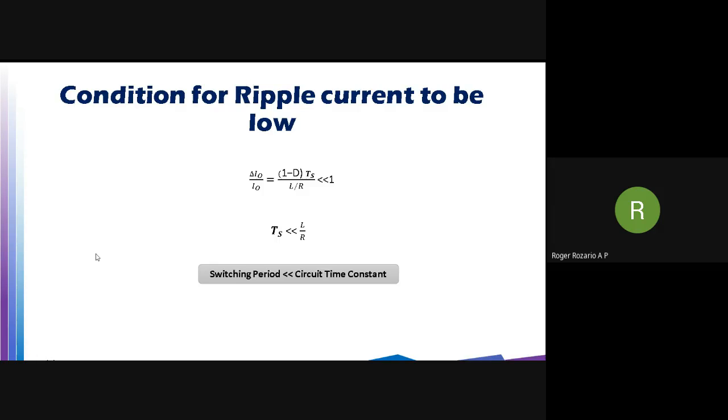So you should choose your switching time period to be very low compared to the circuit time constant L by R, where L is the inductor value and R is the load resistance. This L by R ratio should be greater than the switching time period.